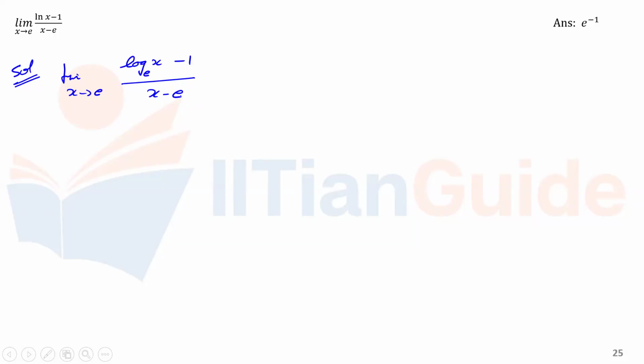Sometimes we don't understand the question or it becomes difficult to proceed. In that case, most of the time, what we can do is calculate the right hand limit or the left hand limit. When we convert the question, I will put x to be e plus h.